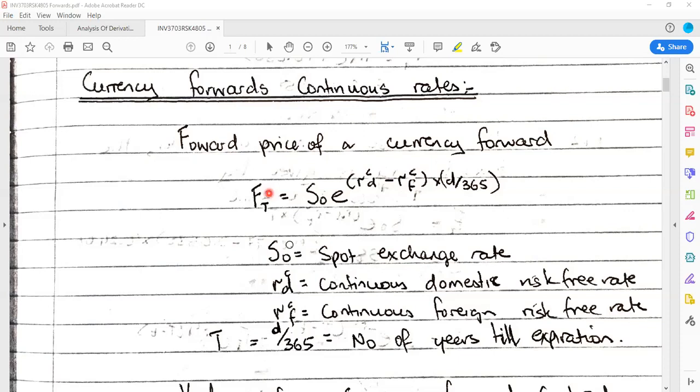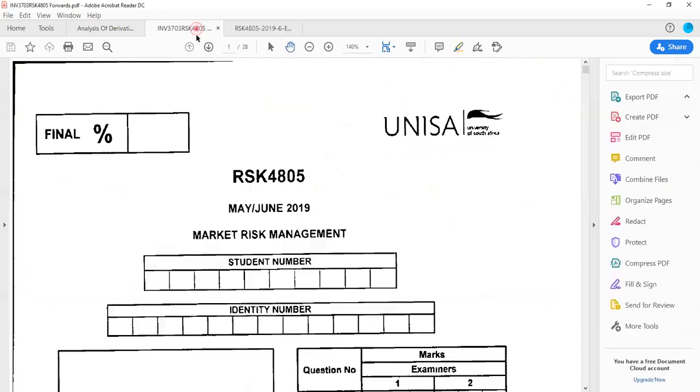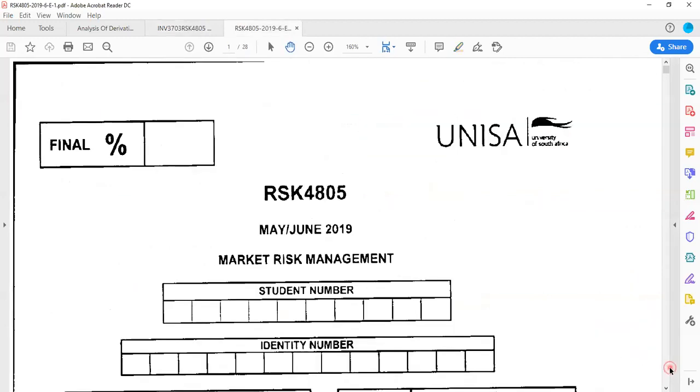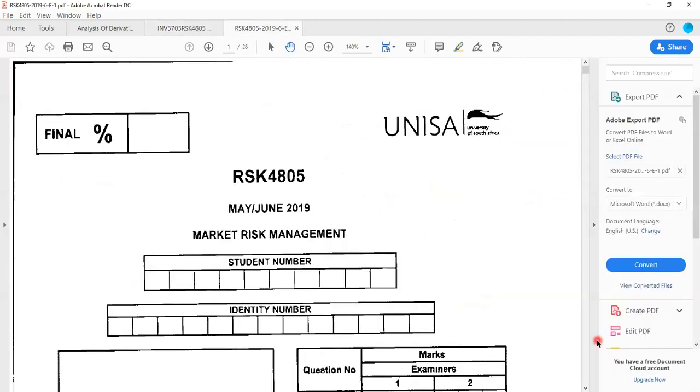So it's always important, when you've been given a question, to read the question carefully to make sure that you identify whether or not you're dealing with discrete rates or continuous rates. You will use different formulas, so that's very important.